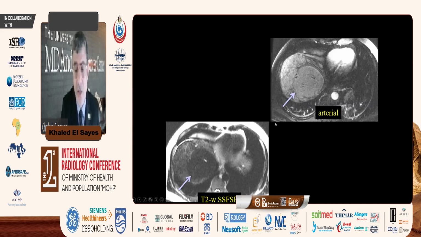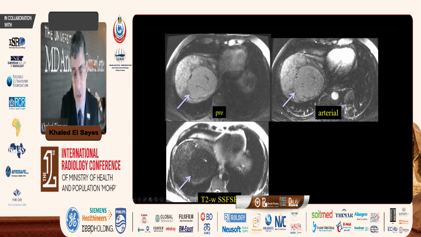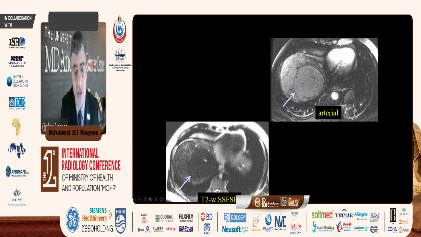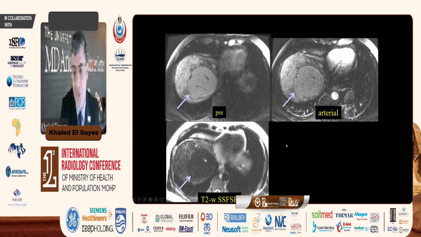Then you move to arterial phase hyper enhancement. Guys, this slide is very beautiful, even if you don't use it for your knowledge. When we see something like this, this was actually interpreted as hepatocellular carcinoma. But I'll tell you why it's not correct.